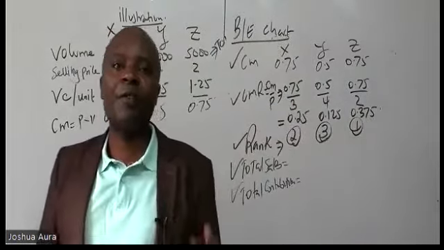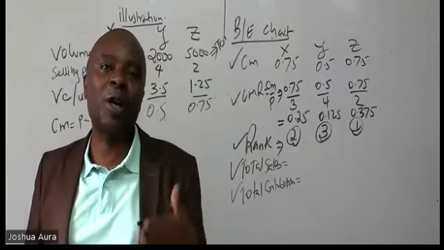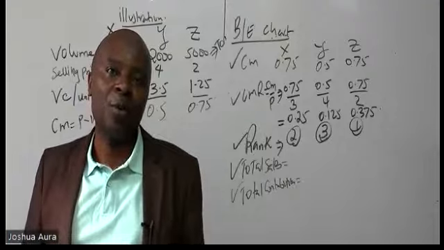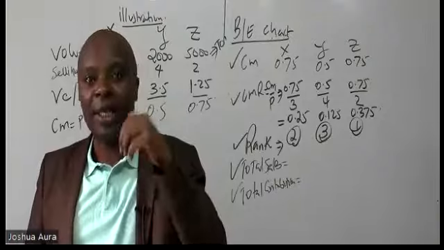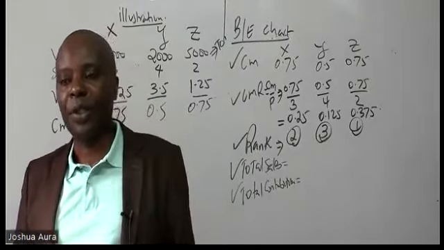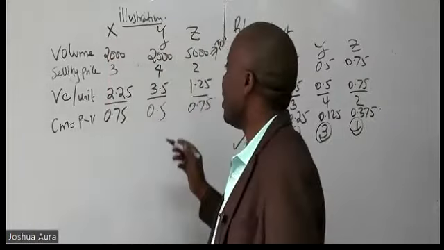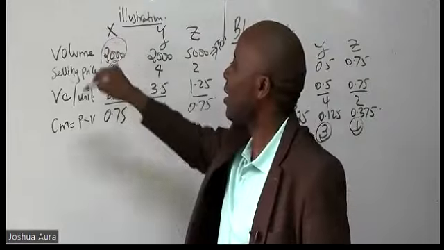So total sales revenue, how do we get sales revenue? We are quite aware that to get sales revenue, we normally take price times quantity. The selling price is here, the quantity is here.